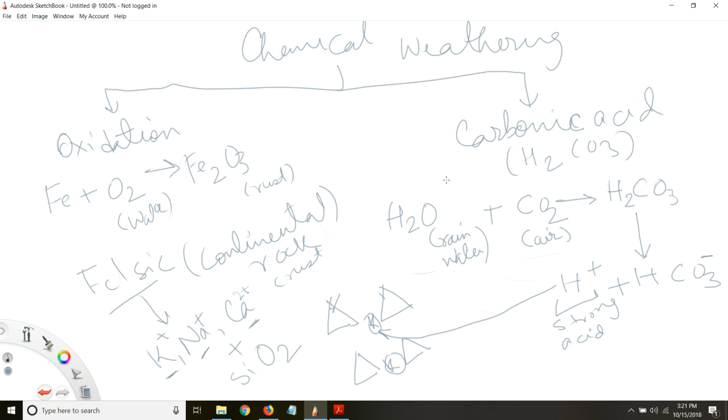Rainwater is becoming more acidic, and this acidity will continue to increase as more CO2 is added, which will continue to accelerate the weathering process.